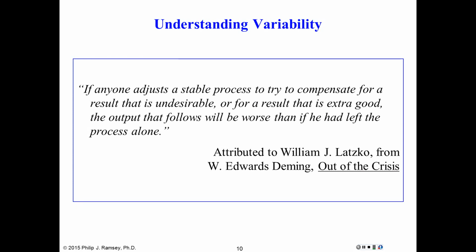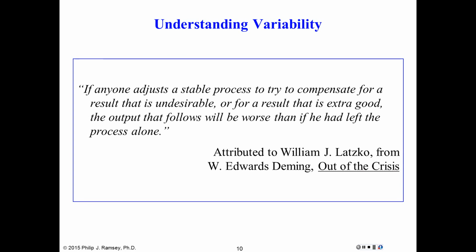Bottom line, if you have a stable or in control process, superficial adjustments in reaction to the outputs only make the problem worse. And depending on the strategy you use, as I just showed, with exact compensation, you'll increase your variation 40%.